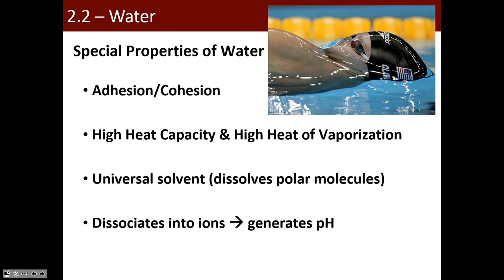Water is a universal solvent, which means that it readily dissolves polar molecules like that food dye from the previous example. And then water also disassociates into its component ions and reassociates. And because of that, there is a pH value associated with water-based solutions, and we'll talk about the pH scale. Okay, so as we go through water, we're going to talk about each of these things.